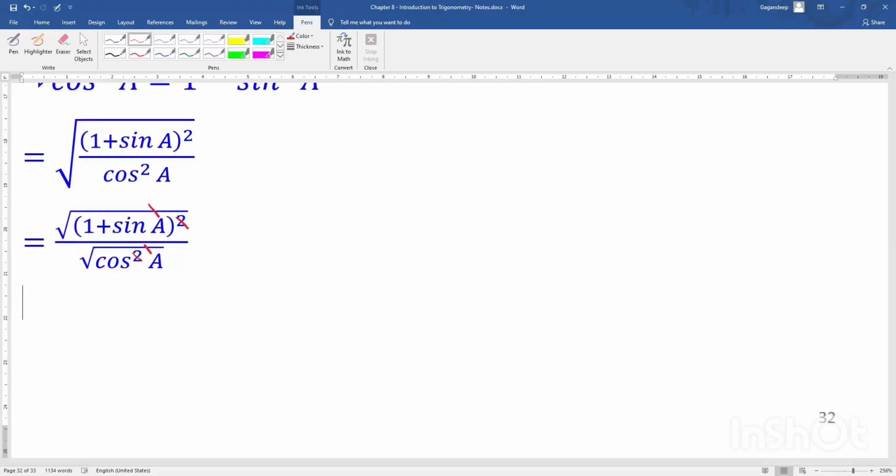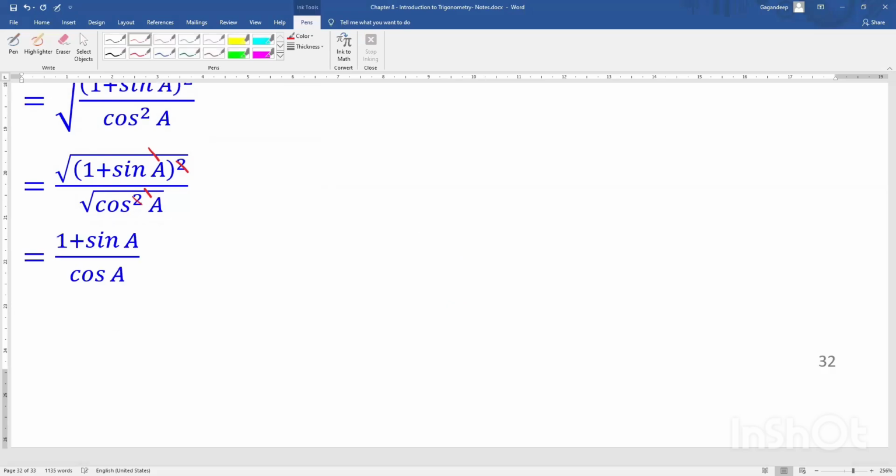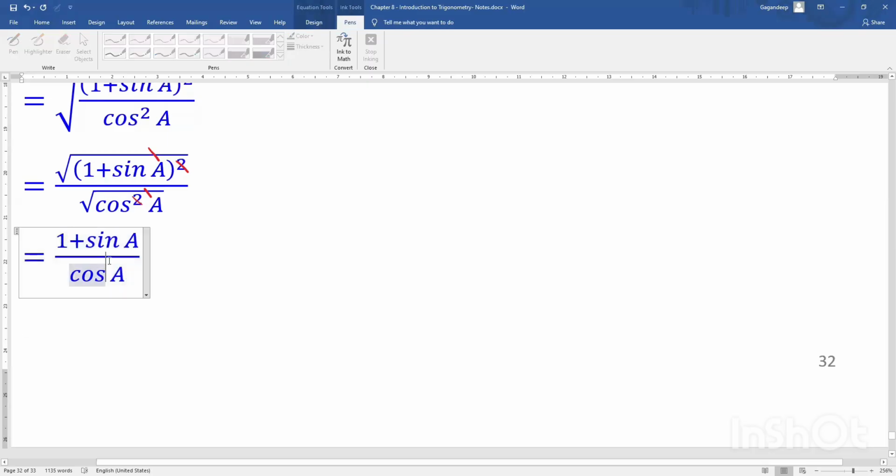Then in my next step, it becomes 1 plus sine A by cos A. Now we can split this fraction into two parts.